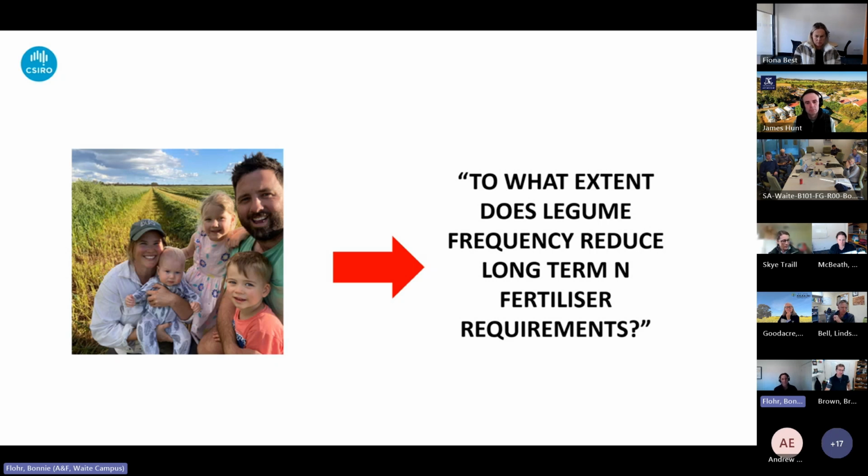I thought that's actually a great modelling question, because these rotation experiments tend to be shorter term, about 3 to 5 years, whereas a modelling approach means we can look over a longer period of time, at more seasons and climate variability.